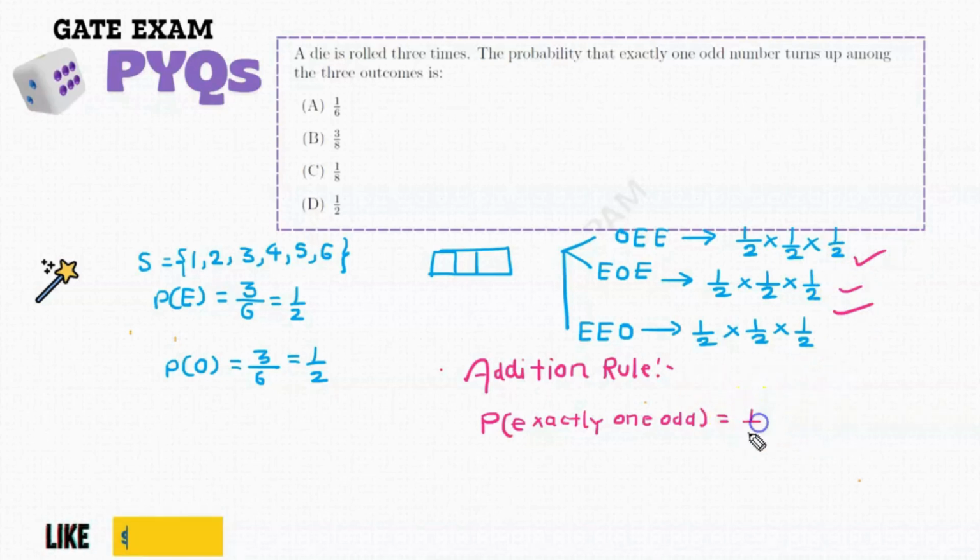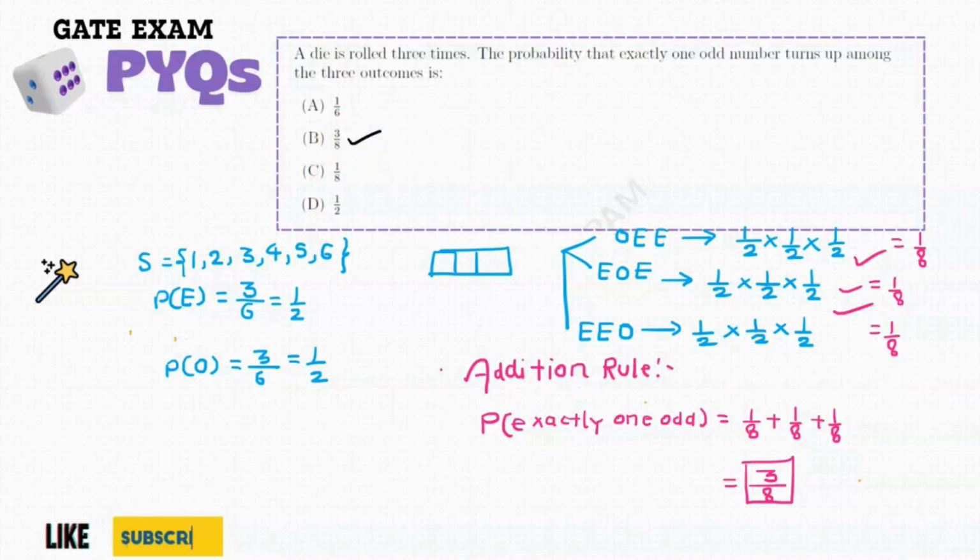So it will be 1 over 8 for the first case, because each is equal to 1 over 8 only. So we just add all the three cases, and this is nothing but 3 over 8. So the correct option is going to be option B.